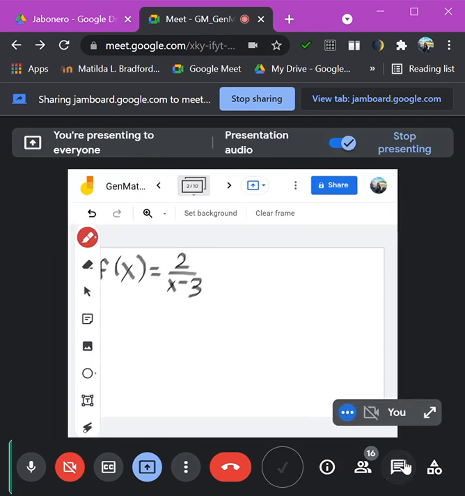Yes, Chair. Okay, yes, very good. So this one is an example of a rational function.